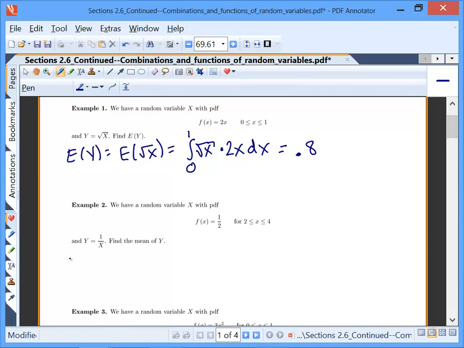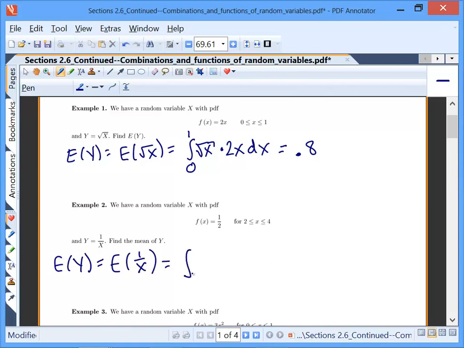So for this next one, again, we have a random variable, we have a new PDF, and now y is 1 over x. Find the mean of y. Mean of y just means find the expected value. But y is really just 1 over x.